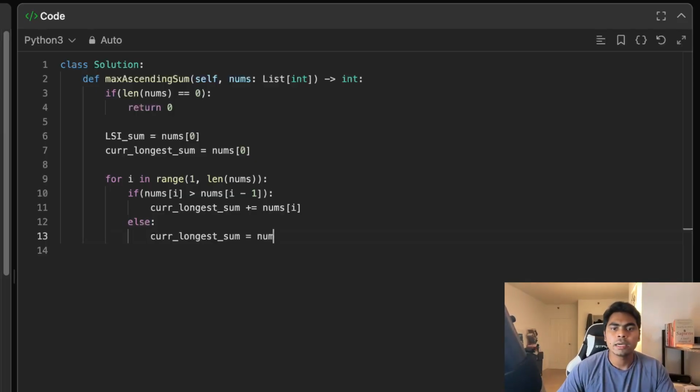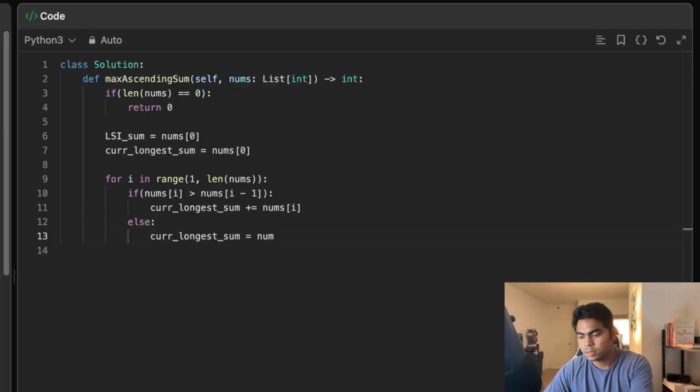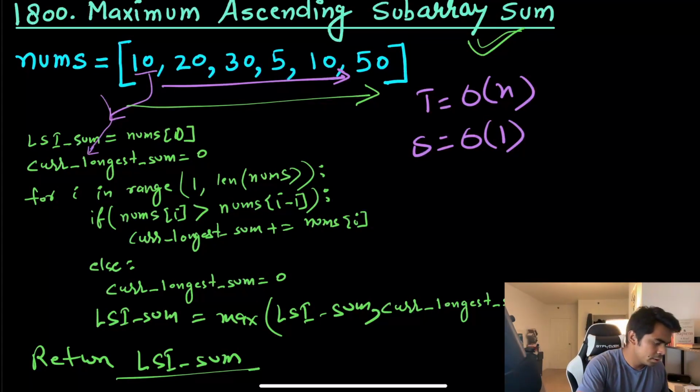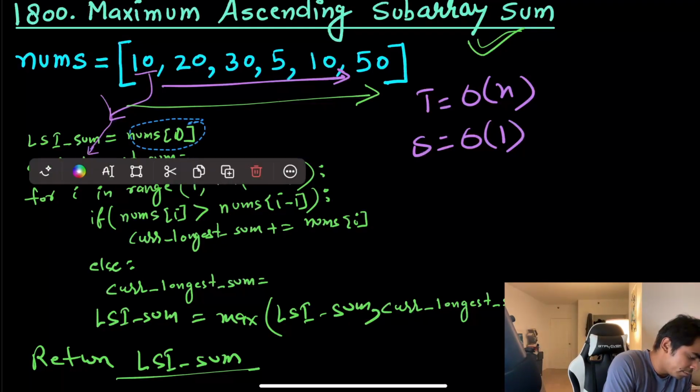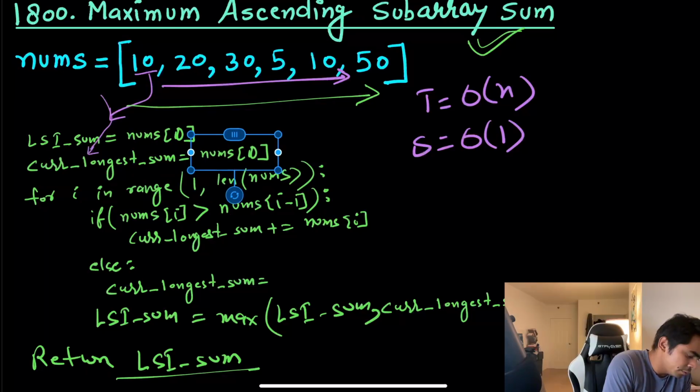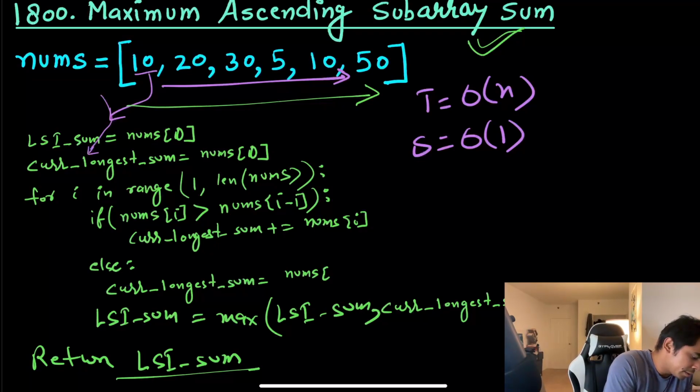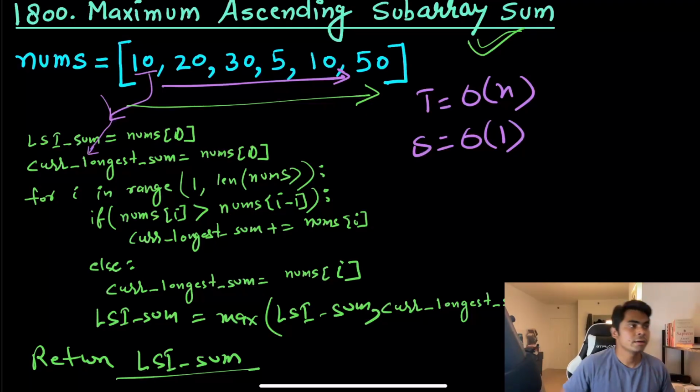So I think I made a mistake. Just a little quick update here. I don't want to make it 0. These two also I don't want them to be 0. I will have the first one be this value, and the second one right here nums i, because I'm starting the next sum with nums i.